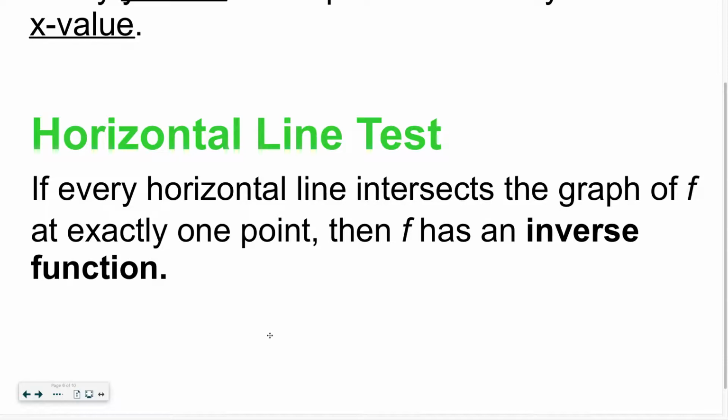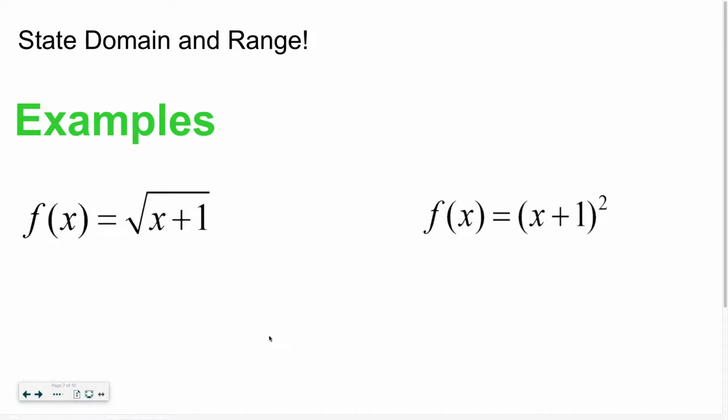Okay. I'm going to start with the one on the left. f of x equals the square root of x plus 1. Now I do have up at the top that we're going to be focused on domain and range, right? That's been a big part of our class so far. A little bit more than we were in Algebra 2.